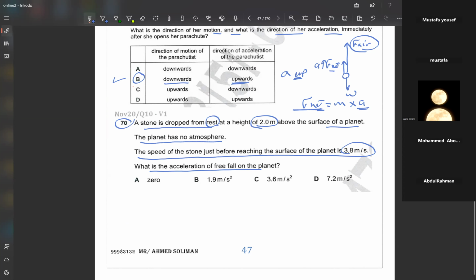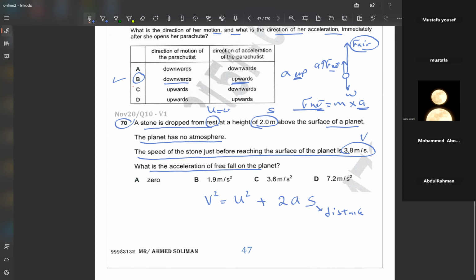Now I said we have this equation: v squared equals u squared plus 2as, where s is distance. So now we have initial velocity equals 0, we have distance traveled, and we have final velocity.